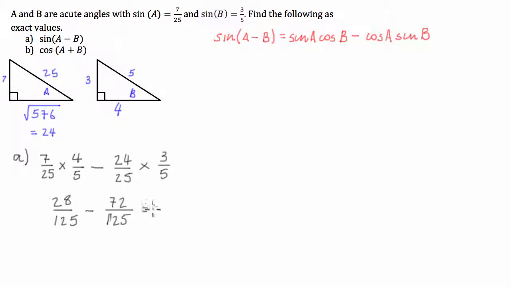And we're left with negative 44 on 125, and that cannot be simplified. So that is our solution to part A of this problem.